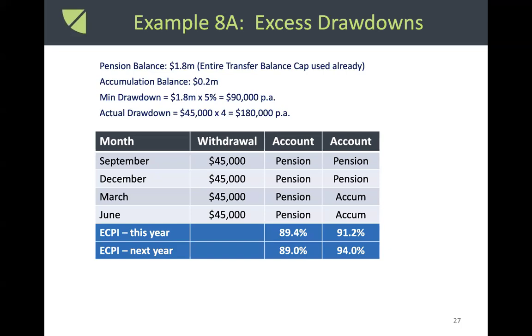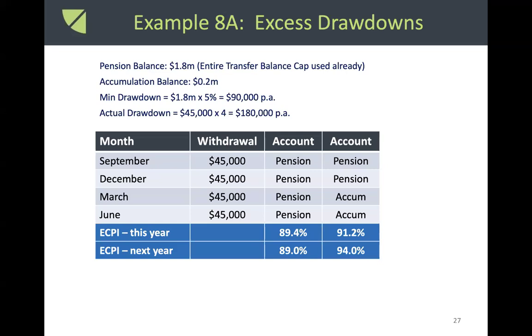And next year, we'll get 94%. We'll get an extra 5% ECPI next year by taking those payments out of accumulation. So I do see quite a lot of accountants doing this. I'd like to see everybody, I've only presented 2 options so far, I'd like to see everybody doing the second option as opposed to the first. I can't see any really good reasons to go with the first one.